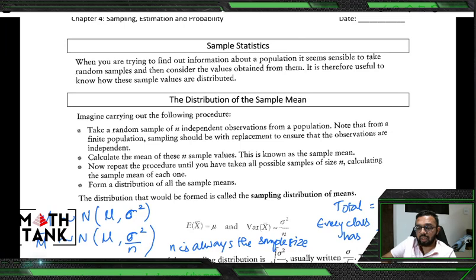This chapter is then the distribution of the sample mean. Now when you're talking about the distribution of the sample mean, I'm talking about a distribution for x bar.